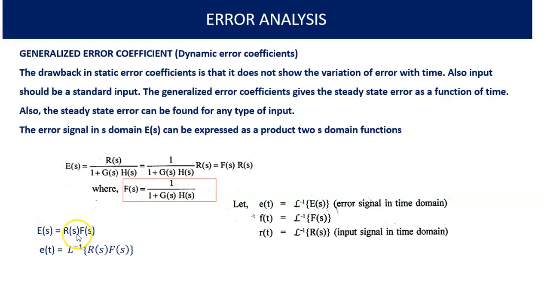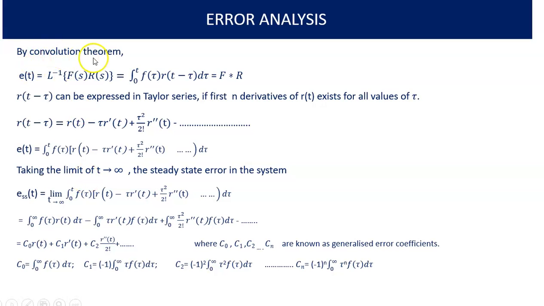Now E(s) is equal to R(s)F(s). Error e(t) is equal to inverse Laplace transform of this. Now by convolution, e(t) is equal to inverse Laplace transform of F(s)R(s), which is the integral with the limits 0 to t of f(tau) r(t minus tau) d tau, that's equal to f convolution r.